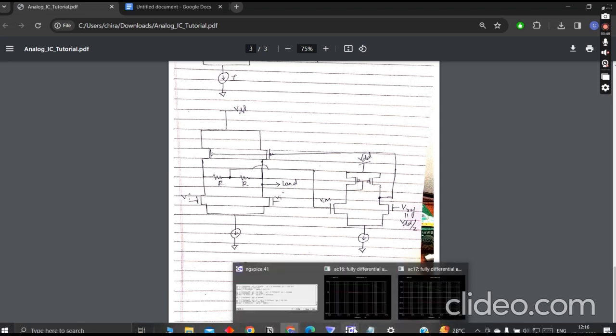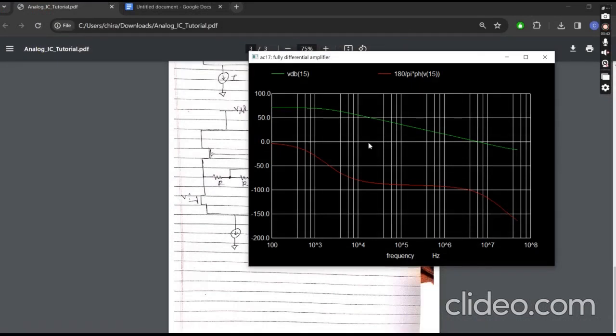So let's look at what we get after common mode feedback. Yeah, after common mode feedback, we see that the dominant pole is shifted here, and we get a minus 3 dB drop. So let's see if we are getting minus 3 dB.